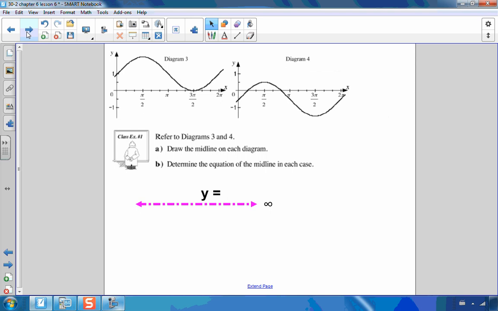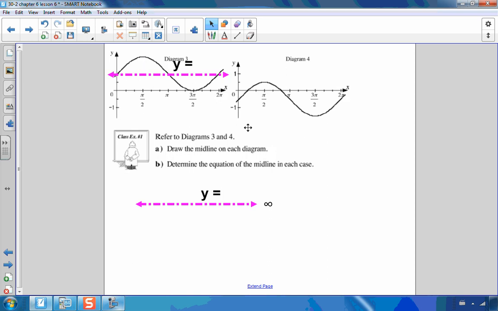Okay, let's look at this example here. We want to refer to diagrams 3 and 4 and draw the midline of each graph and then state the equation of the midline. So you can see here, normally this would be what splits the graph in half, but you can see that's not it. So we want to match up those two end points, starting point to here. I can see I have an equal amount above and an equal amount below.